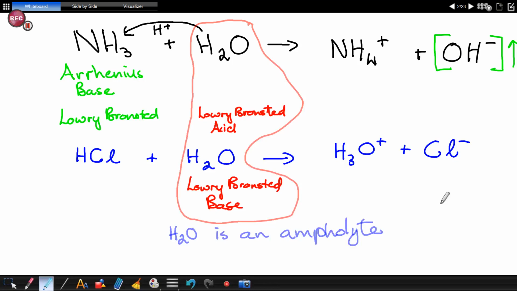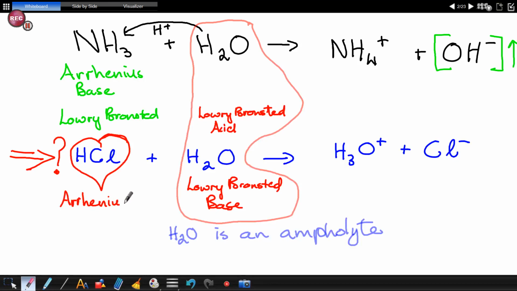What is the acid here? Is it the HCl or is it the H2O? It's the HCl. This is the Arrhenius acid because when it reacts with the water, it increases the concentration of the oxonium.